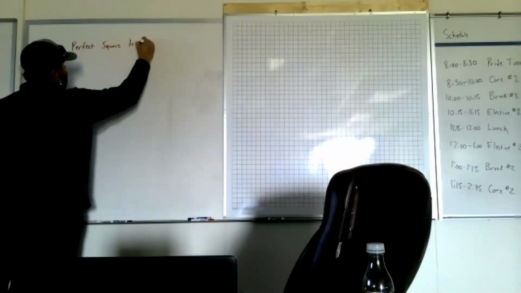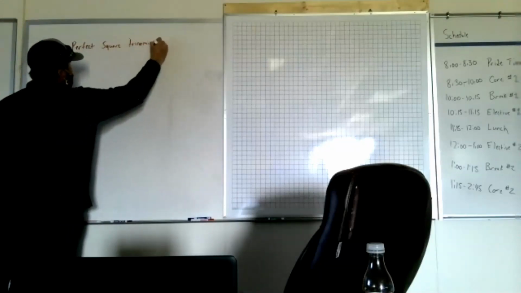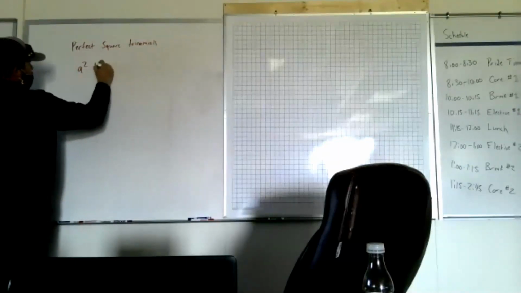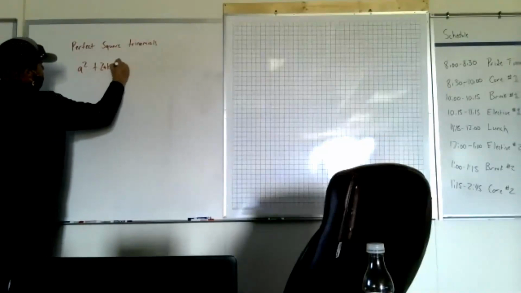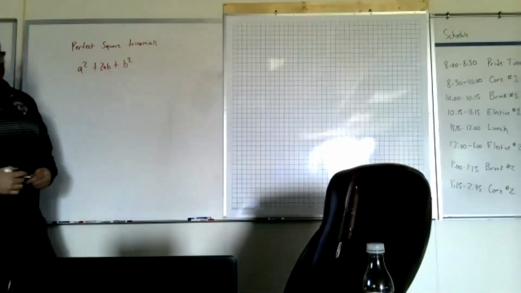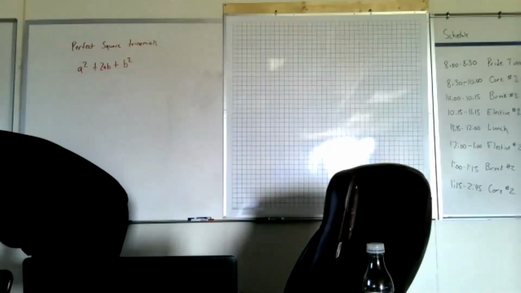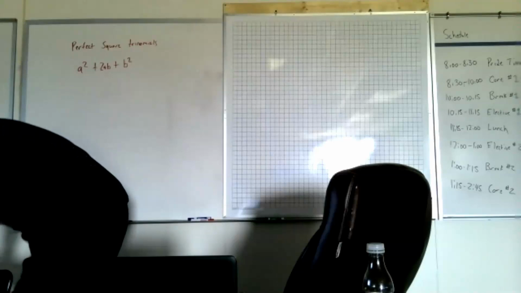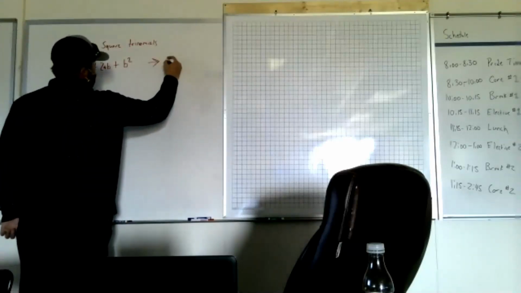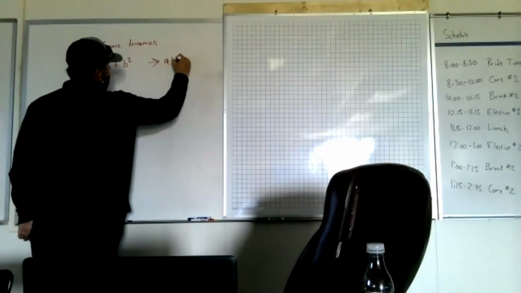Okay, these ones are a little bit harder to identify, but their format is a squared plus 2ab plus b squared. Okay, is your first one. Okay, and what that factors down into is a plus b, a plus b.